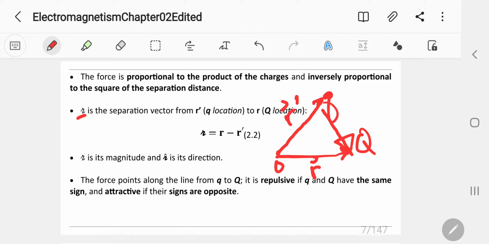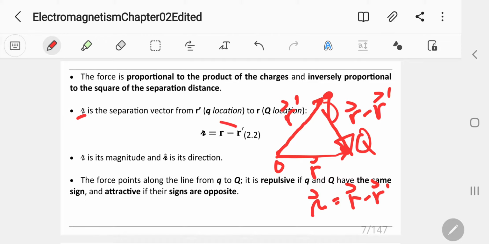So that's r minus r prime. That's the separation distance, or the separation displacement, or the separation vector, I mean. So this is r minus r prime, and your scripted r is just equal to r minus r prime.